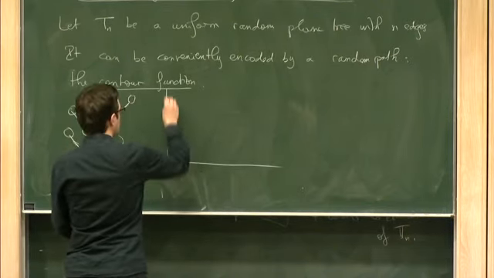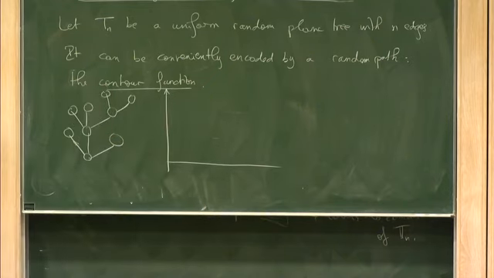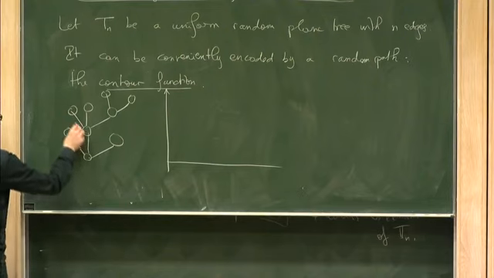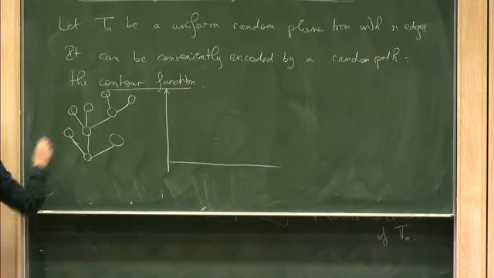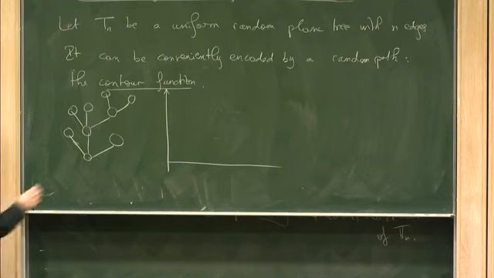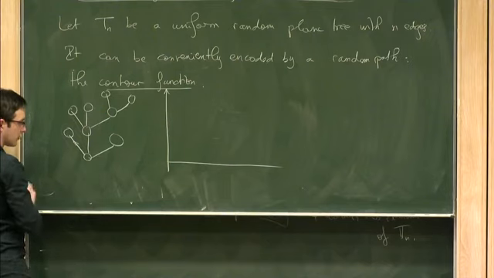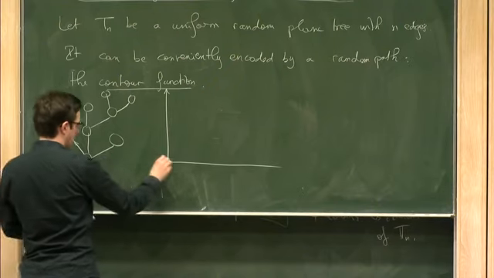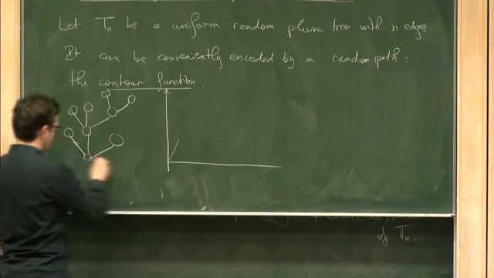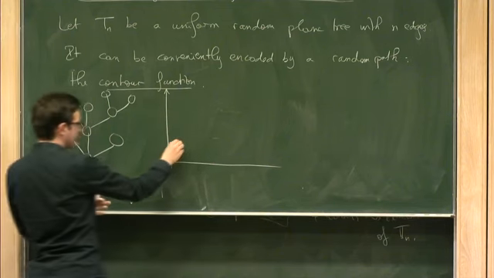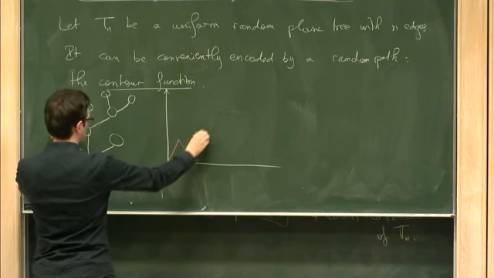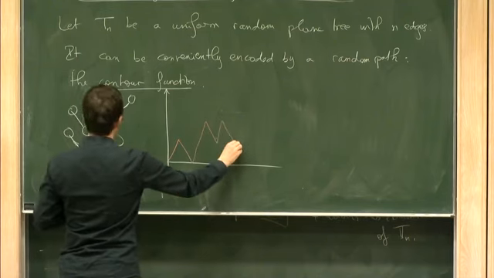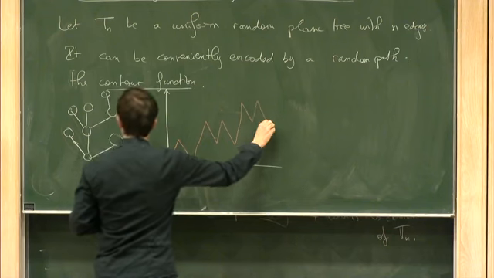Now I can consider the walk that goes along the tree in clockwise order, and at every integer time, every time I meet a vertex, I record what was its height, its distance to the root. Okay, so here, starting from there, I get a walk that does something like that. It goes up, then down, then up again, up, down, up, and so on.